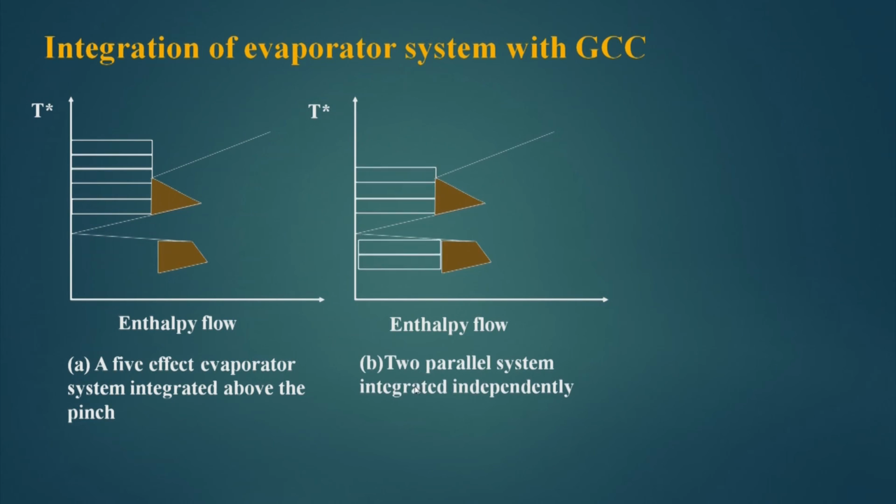Or what I can do, I can break this 5 effect evaporator system into a 3 effect and a 2 effect. I can place these 3 effects above the pinch, and these 2 effects below the pinch, because we have seen that an evaporator system can be fit above the pinch or below the pinch.